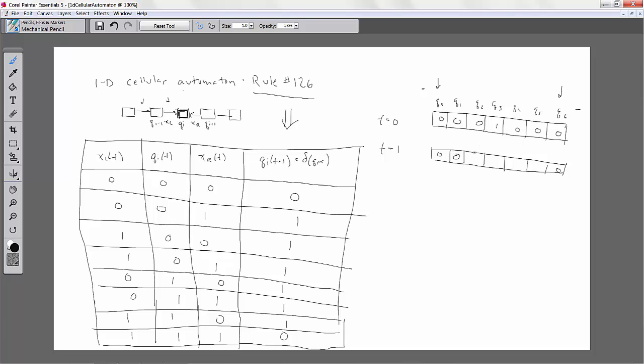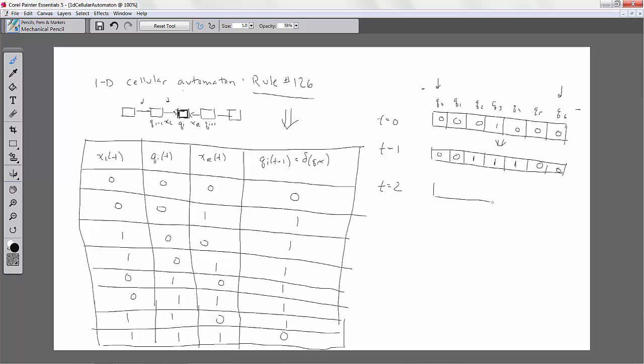Otherwise, if the cell value is 0 and one of its neighbors is 1, it turns to 1. If the cell value itself is 1, but its two neighbors are 0, it stays at 1. If it's 0 but one of its neighbors is 1, it turns to 1. And if it's 0 and its two neighbors are 0, it stays 0. So this is how this cellular automaton transitions to time 1.